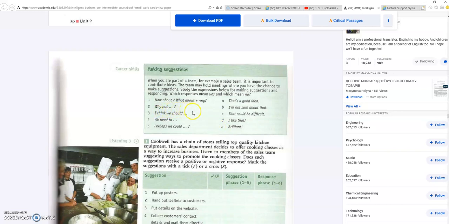So why not print out your attendance sheets early? Again, any one of these answers: that's a good idea, that could be difficult, I like that, brilliant.